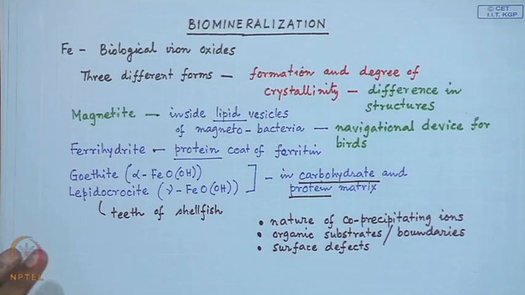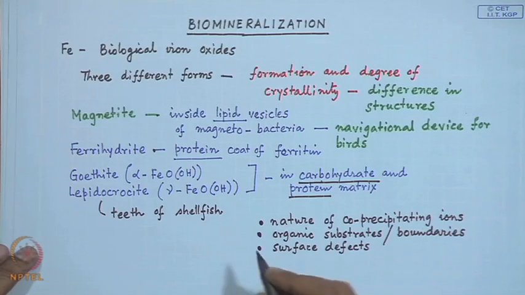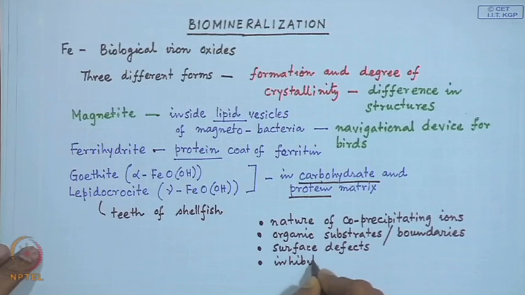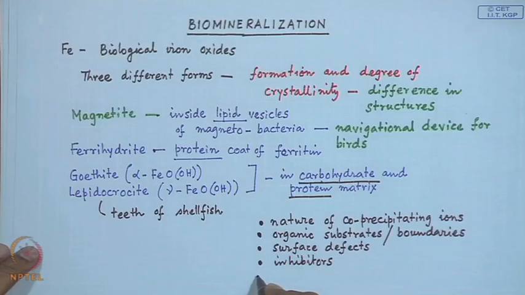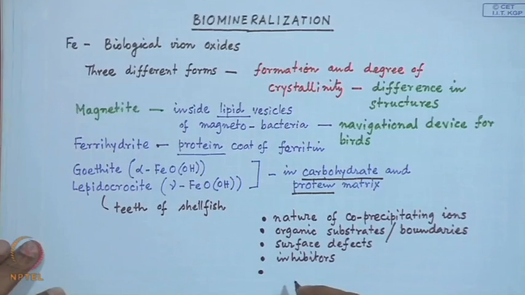If there is some defect, it will be there within the growth of this particular cluster. Then there are different inhibitors which inhibit the growth, taking away the iron centers so that they do not reach the cluster formation or agglomeration process. They are basically solubilizing those irons, so they function as typical inhibitors.